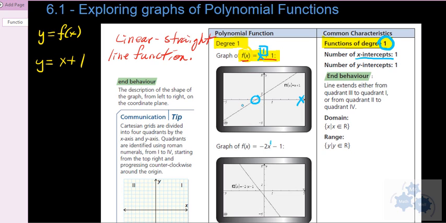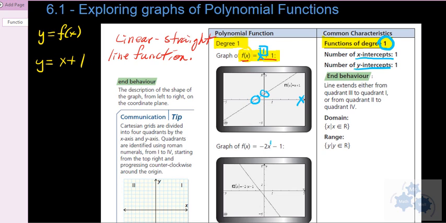It can't have more than one. It also always has one y-intercept, and that's where it crosses through the y-axis. Okay? So those are two characteristics of linear functions.